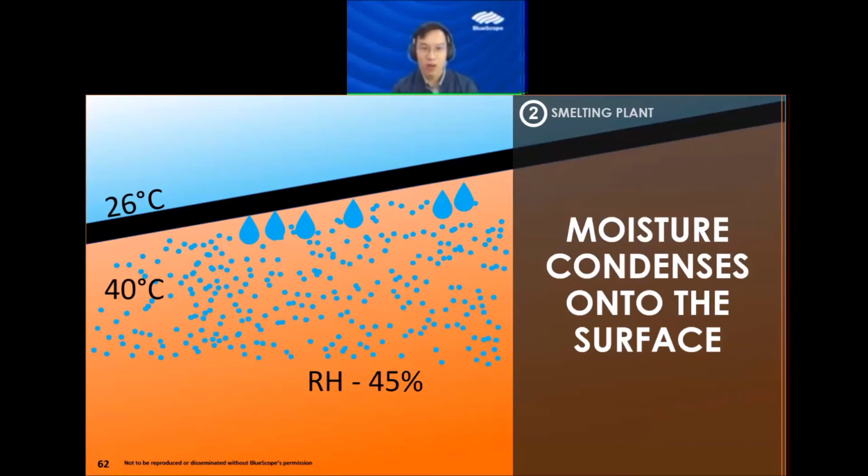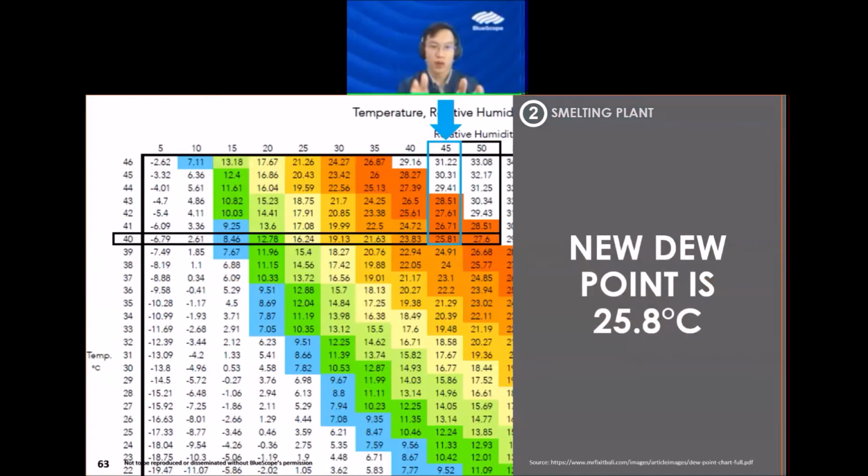So now the air's relative humidity is 45%. Okay, the relative humidity will be reduced. So now you look back at the table. The table says if you change the relative humidity from 50% to 45%, then the dew point will be at 25.8 degrees Celsius.